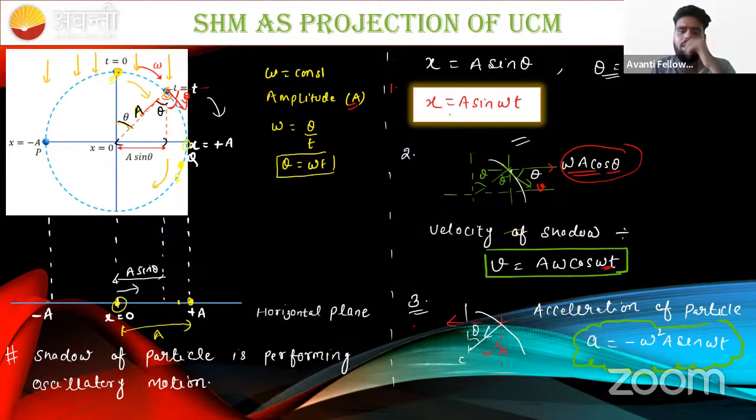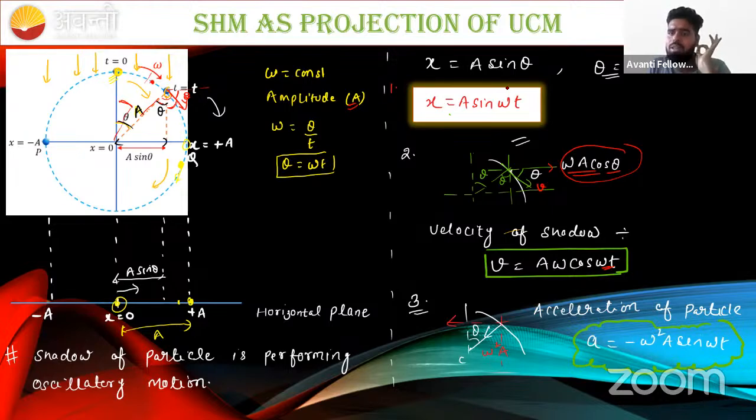Put the value of theta, that is omega t. One important thing to know here: the initial position we consider is the particle at t equal to 0, which means phi is 0 here. Suppose the particle starts its motion from some other point, then the particle already makes some angle phi here. I hope this is clear to everyone.